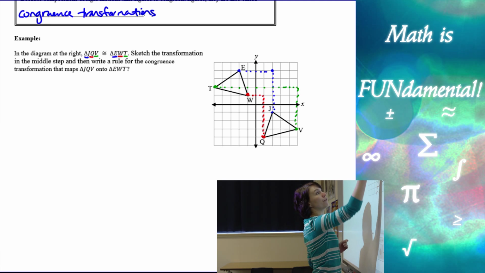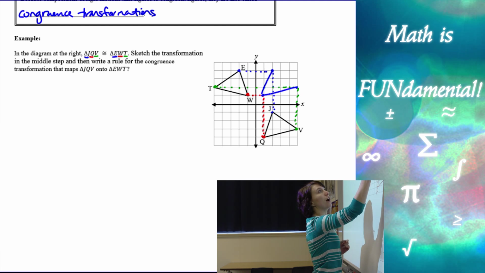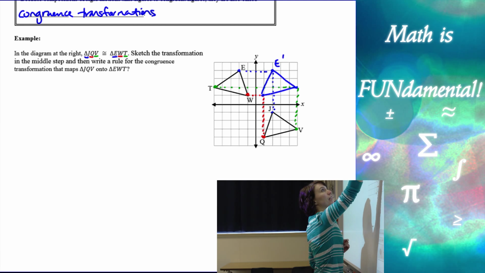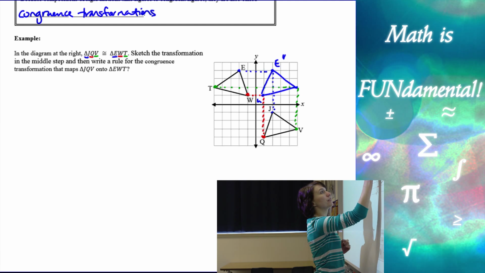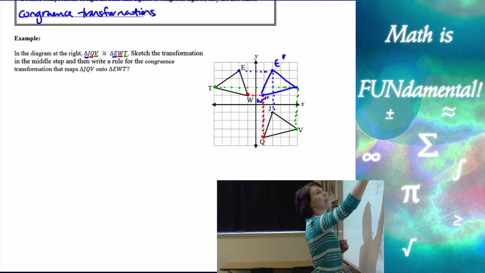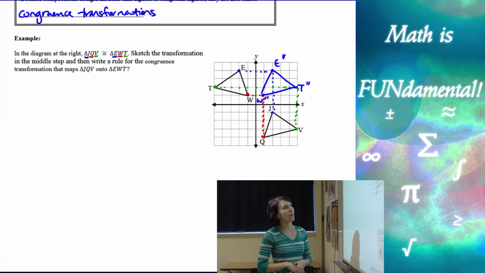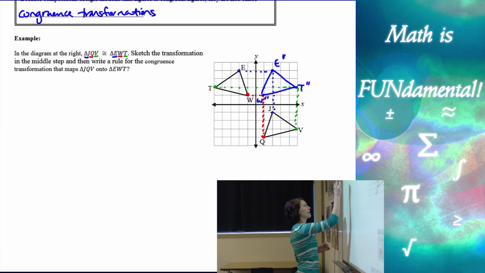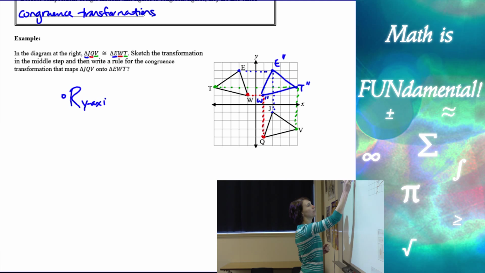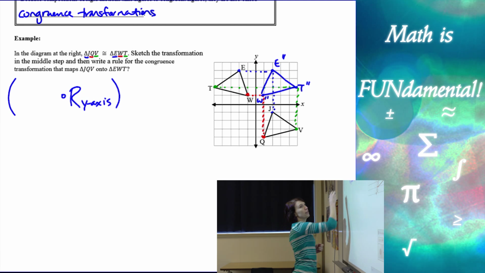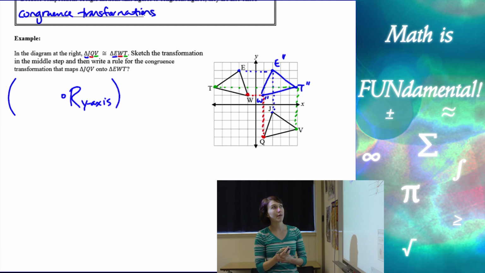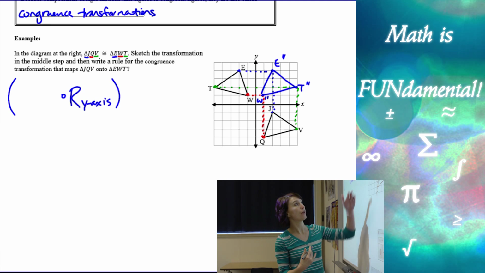So if I reflect it first over the y-axis, I end up with this, and I'm going to name it E double prime, W double prime, and T double prime. I guess I could have used single primes, but that's okay. So if I reflect it across the y-axis, that's going to look like this. Okay, and then I can take those points, and now I can just take them straight down.